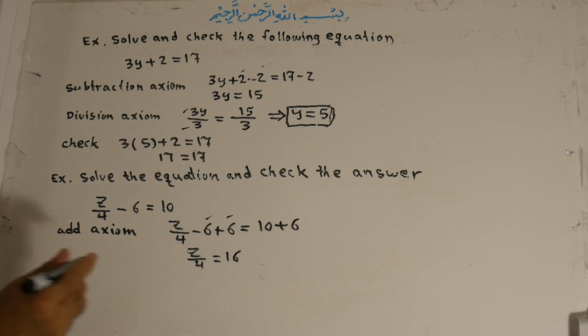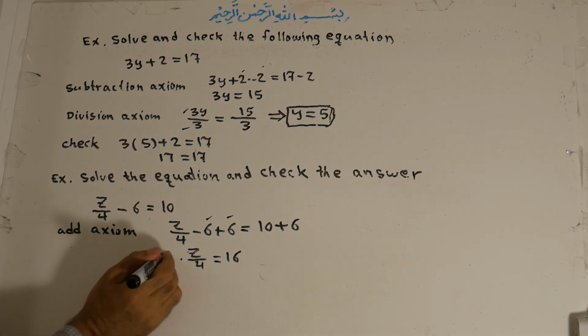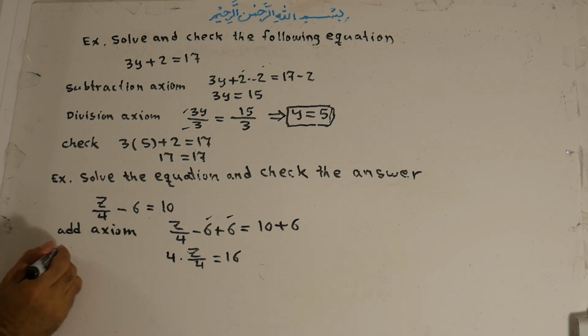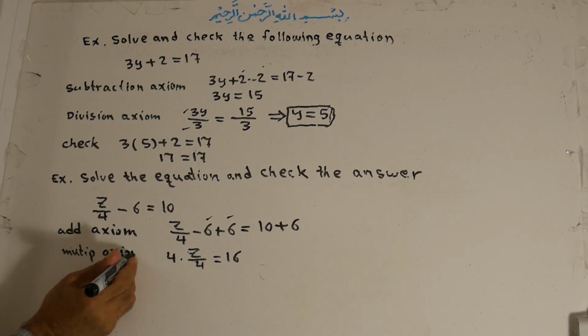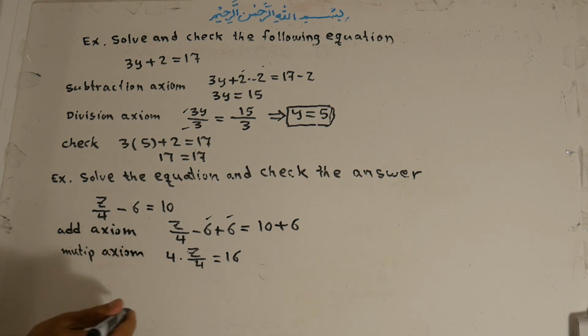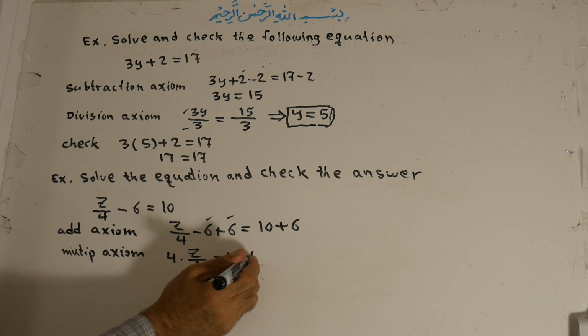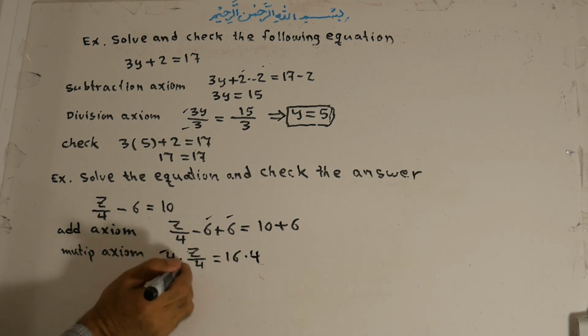Now what can we do? According to the multiplication axiom, we multiply both sides with the same number, 4. 4 cancels with the 4.